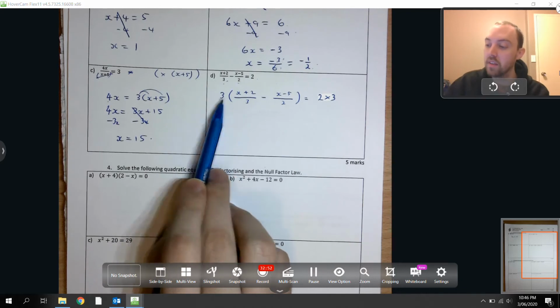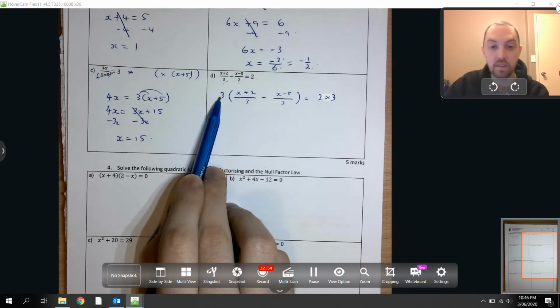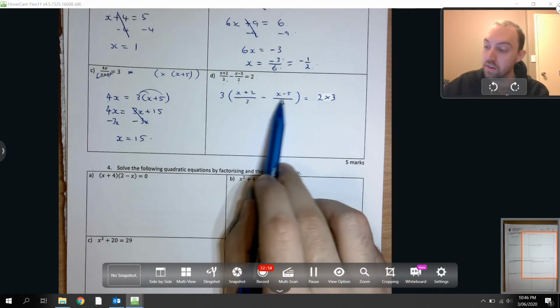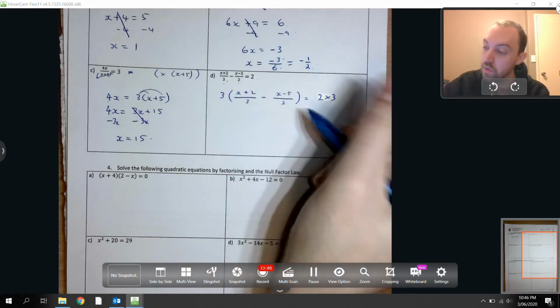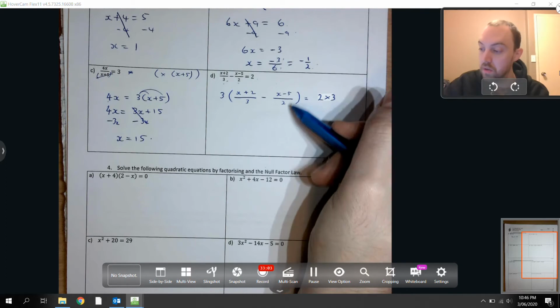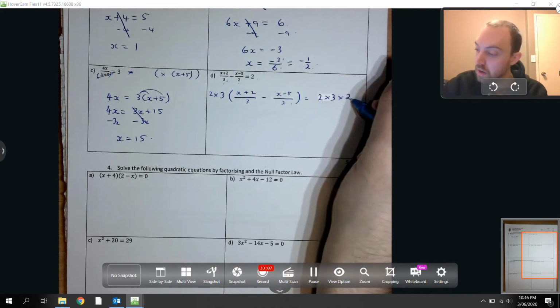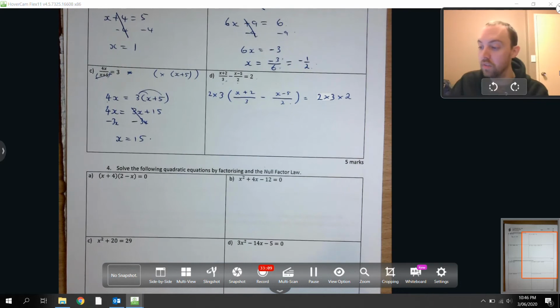And that's going to cancel out this fraction. If I was going to cancel out this denominator, this fraction, I need to multiply by 2, divide by 2, times by 2. So I'm going to times both sides by 2 as well. So essentially I'm just multiplying both left hand side and the right hand side by 6.